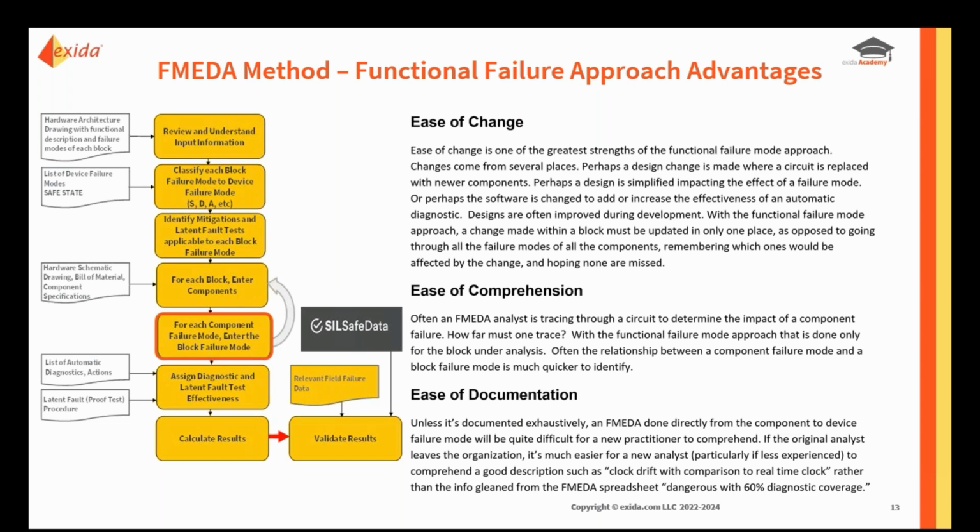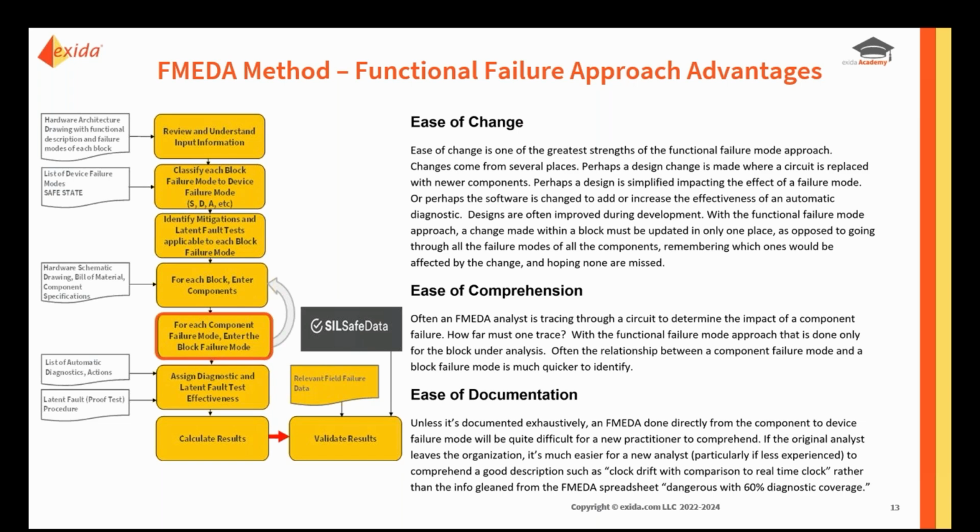So we've got 50% no effect, 30% dangerous detected, excuse me, and 20% dangerous undetected. Okay, you come back in 6 months. It's going to be a bit of work to figure out what you did there.